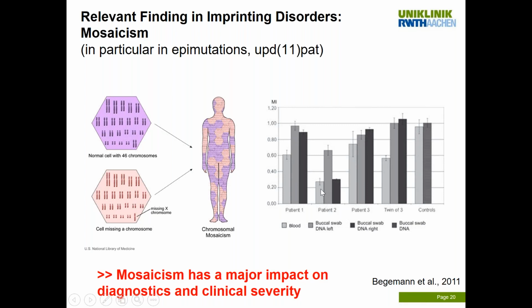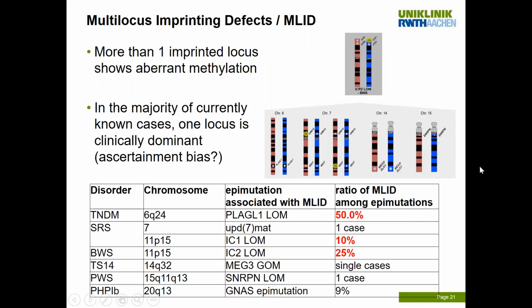We have very great differences in the distribution of the mosaicism between blood and buccal swab on the left side and on the right side. So mosaicism is indeed a major challenge.